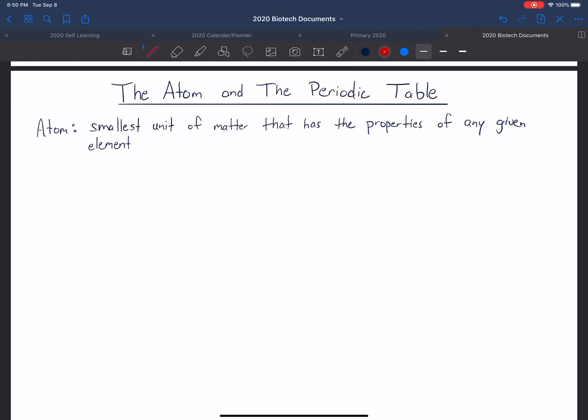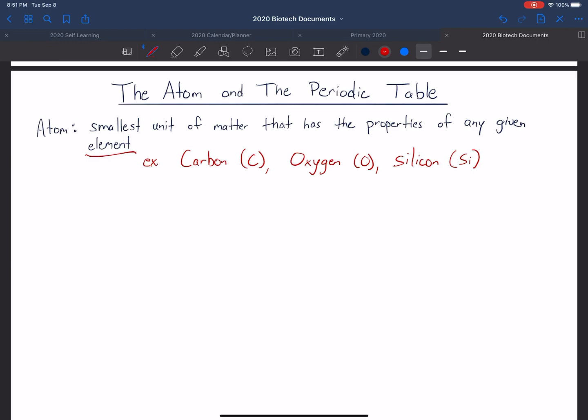Now, when we're talking about something called an element here, what we're talking about are things like carbon, which we represent with a capital C, or oxygen, which we represent with a capital O, something like silicon, we represent with S and I. So any one of these is just examples of elements.